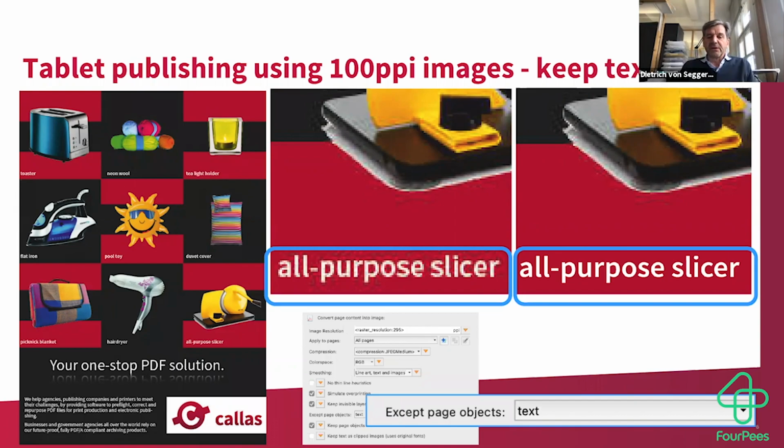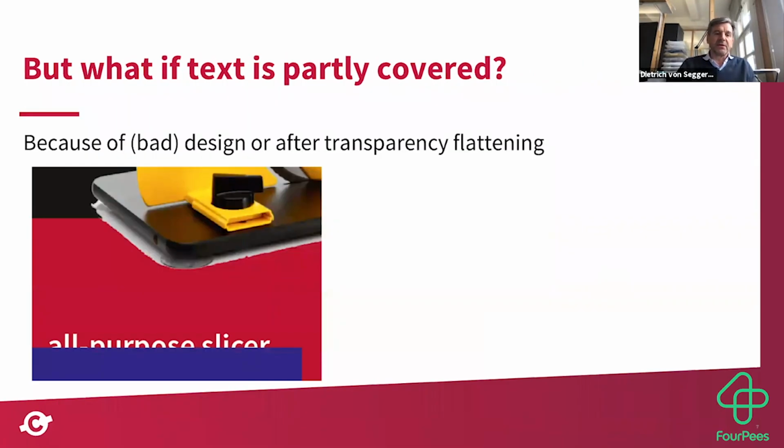There is a filter that allows you to exclude page objects. And then you can say exclude text. And then you would end up with, in my example here, still sharp text contours.